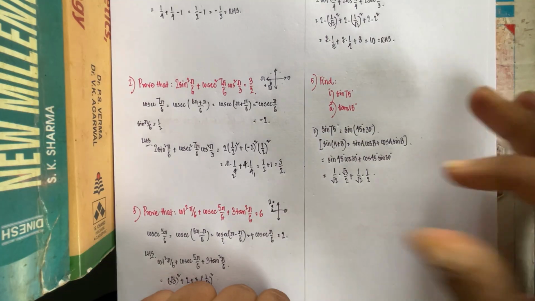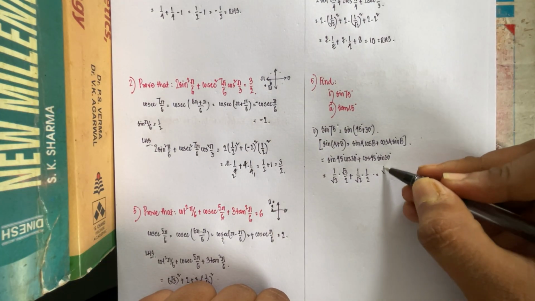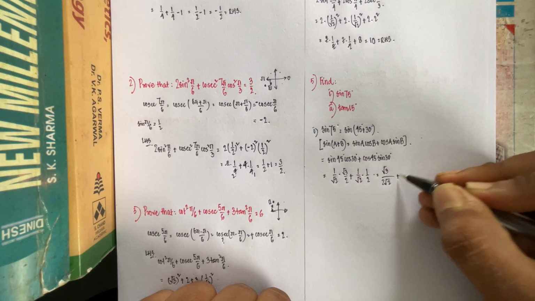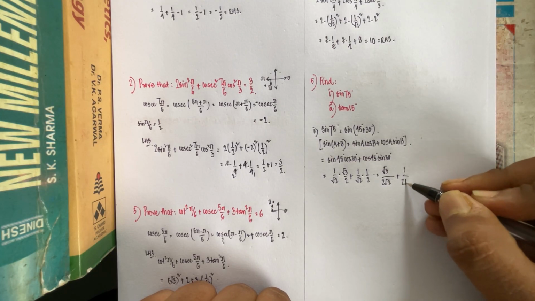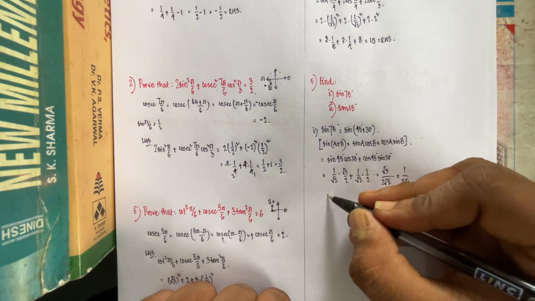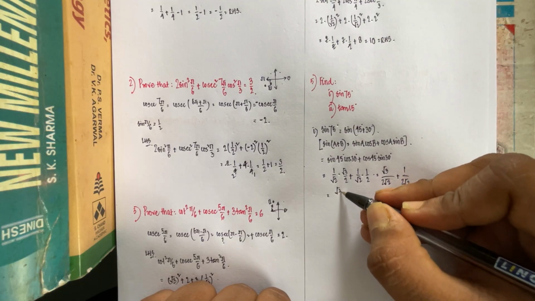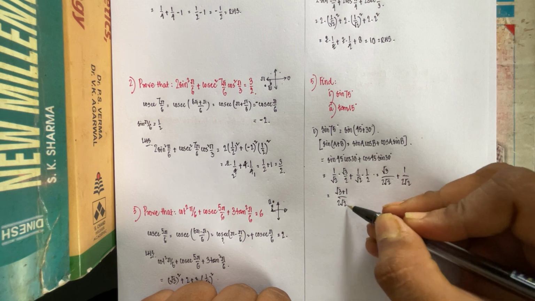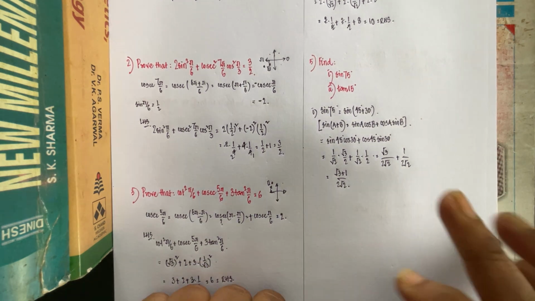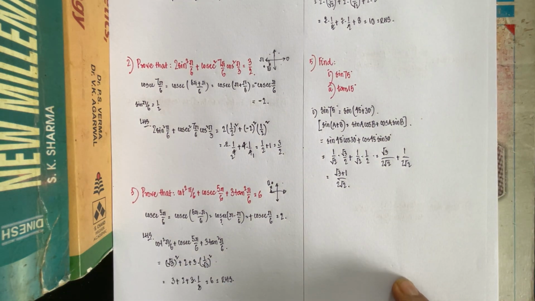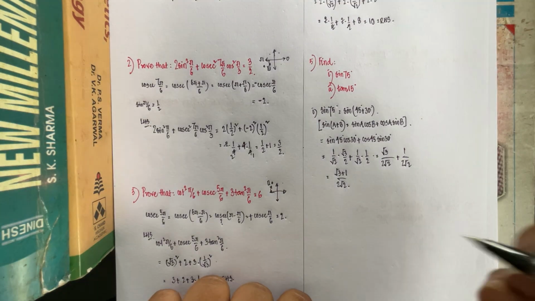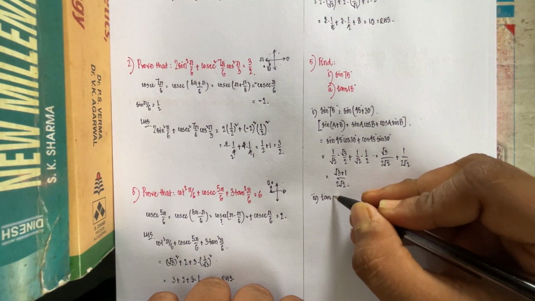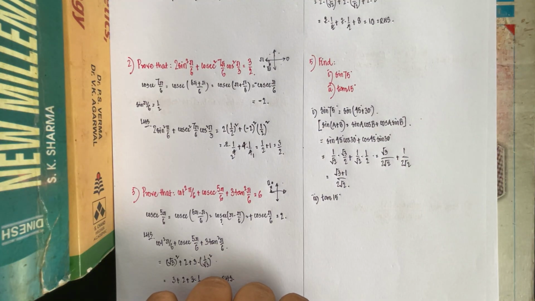So that is going to give us root 3 divided by 2 root 2 plus 1 by 2 root 2, and that is root 3 plus 1 divided by 2 root 2. In the same way, we will solve the second one, where we have to find out the value of tan 15 degree.